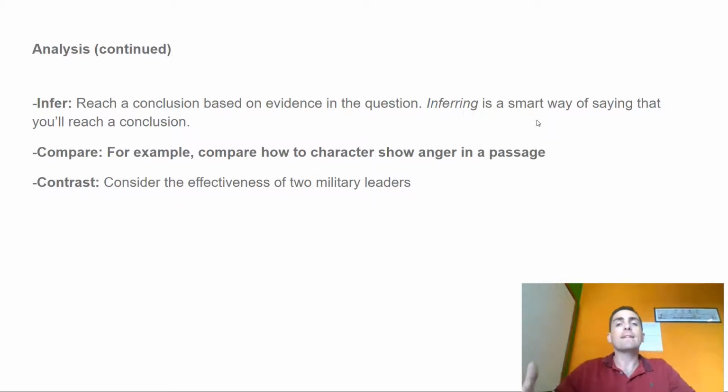You're looking at that piece of writing as a piece of evidence, and based on that information, what conclusions can you draw? What educated guess can you make about a particular idea that the question asks you?